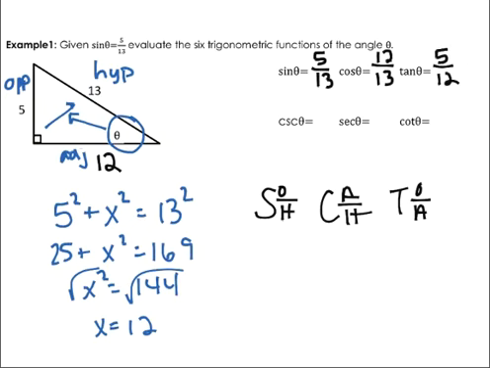Then all we're going to do is flip these fractions to find cosecant. Remember, sine starts with an S, cosecant starts with a C. The cosecant of theta is 13/5. Secant, and again C and S, is 13 over 12. And cotangent is just the reciprocal of tangent, and that is 12 over 5.